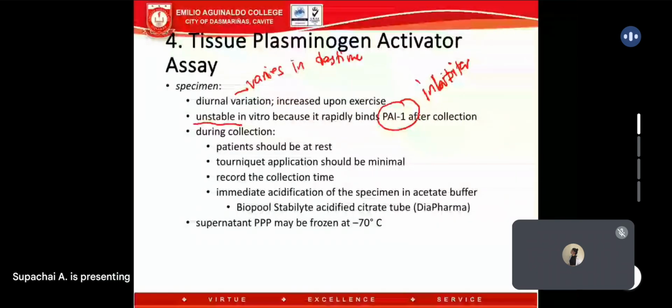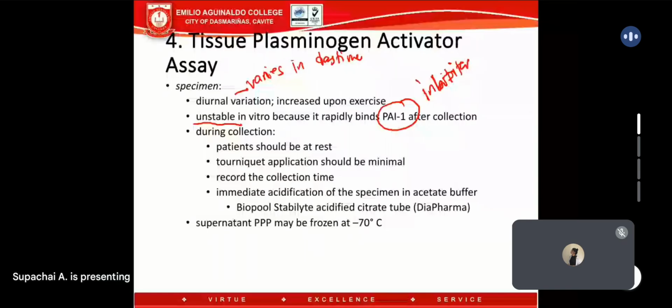So that's what we meant by the diurnal variation. And it is unstable in vitro. Again, the reason why is because of its possibility of binding with PAI1 after blood collection. Again, PAI1 is the inhibitor of TPA.